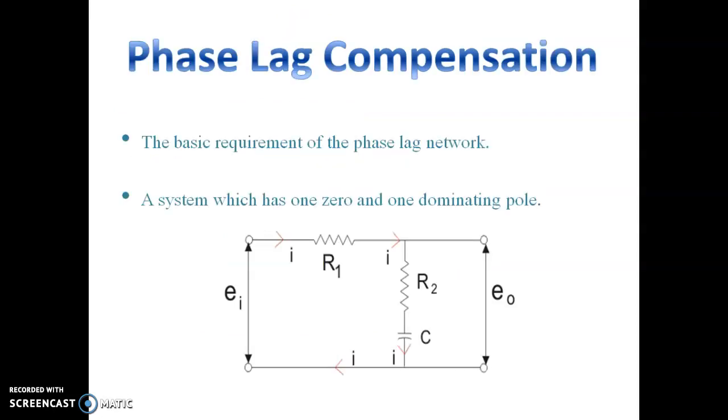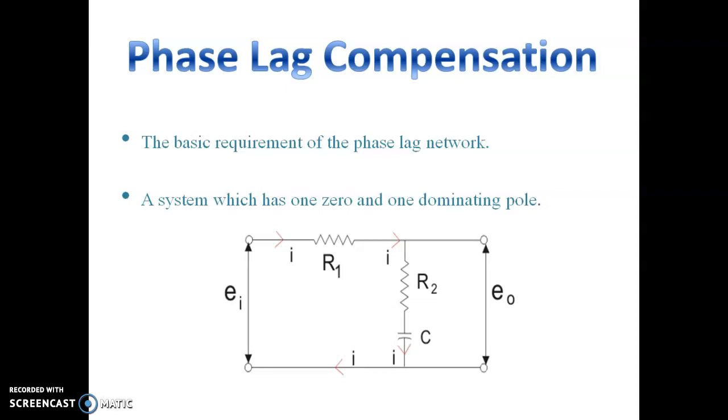So next is phase lag compensation. A system which has one zero and one dominating pole is called phase lag compensation, and the basic requirement of this phase lag compensating network is that all poles and zeros of the transfer function of the network should lie in the negative real axis.